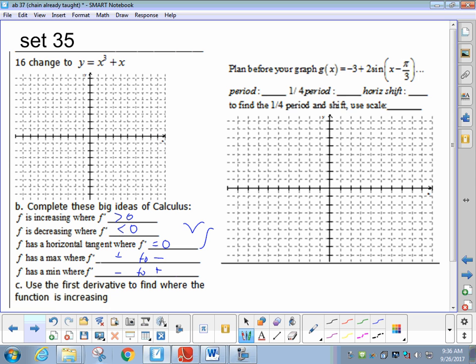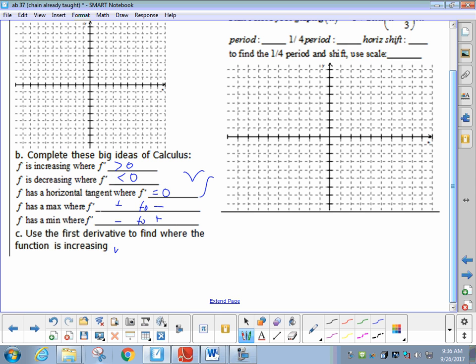So if I use the first derivative to find where the function is increasing, then obviously we'll need the derivative. What's the derivative? 3x squared plus 1. It makes me sad to see people fuddle around with this, okay? So the thought process I'd like to see you say is, well, I know the least a square can be is 0, and so the least 3x squared plus 1 can be is 1, right?